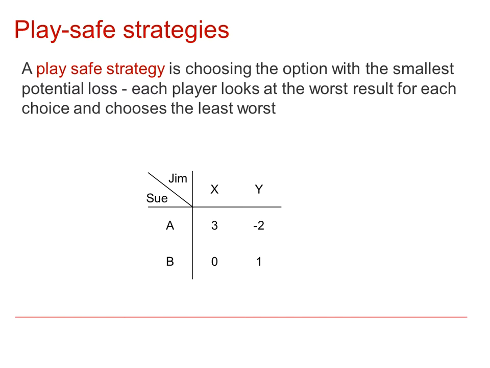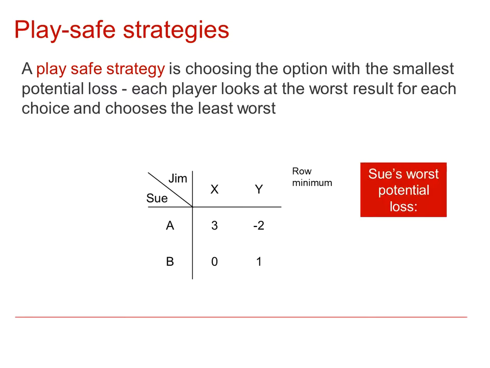So we put in the row minimum. The row minimum is -2 if she plays A, and if she plays B, the worst that can happen is 0, so she neither gains nor loses. So Sue's worst potential losses are -2 and 0.